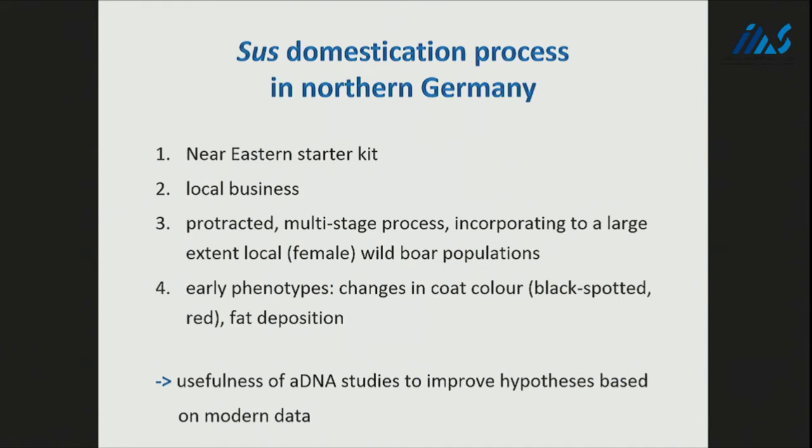The early phenotypes that were selected for were coat color, and we see already quite some diversity genetically, but also phenotypically, and it seems also fat deposition. And as we've seen with the discrepancy between ancient and modern data, it shows again how helpful aDNA studies are to improve hypotheses based on modern data.